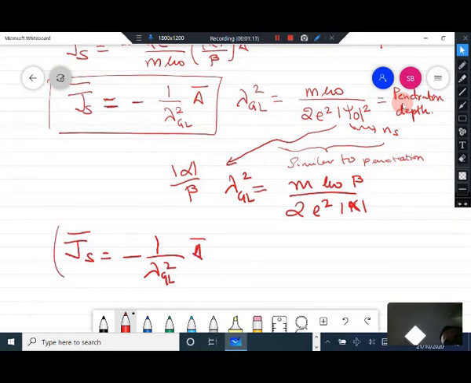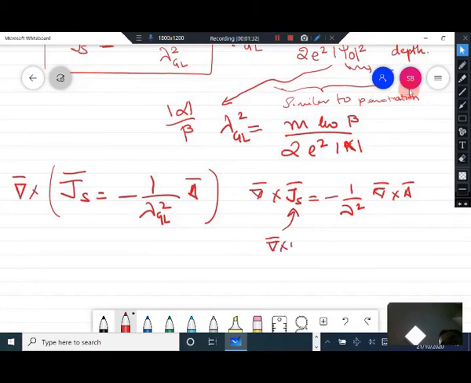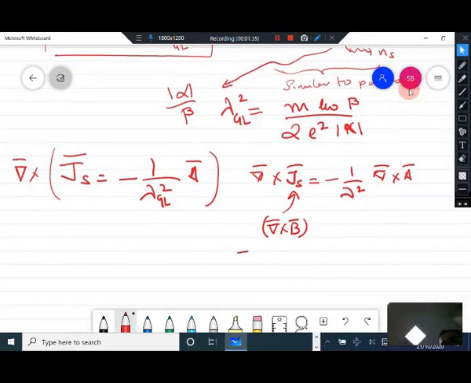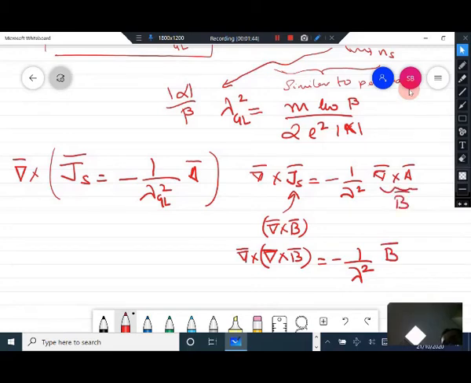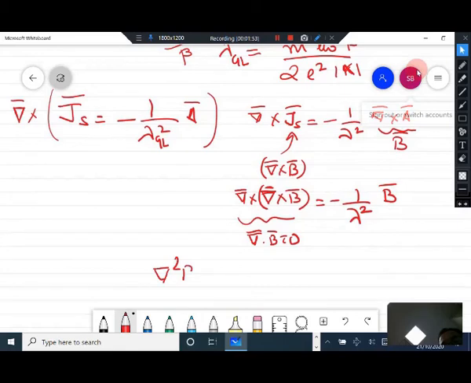If I take the curl on both sides, then curl of Js is equal to minus 1 by lambda square curl of A bar, and this of course is curl of B. You can write the current density, so curl of B is minus 1 by lambda square B. This is anyway B, and with divergence of B equal to 0 this would give me del square B is 1 by lambda GL the whole square B.